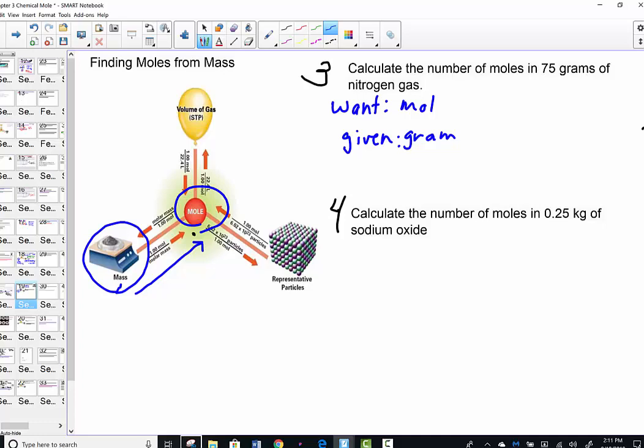This time the conversion says put the mole unit on top and the molar mass unit on the bottom, which means to divide to head in. When you set up the work for number 3, we have 75 grams of nitrogen gas.